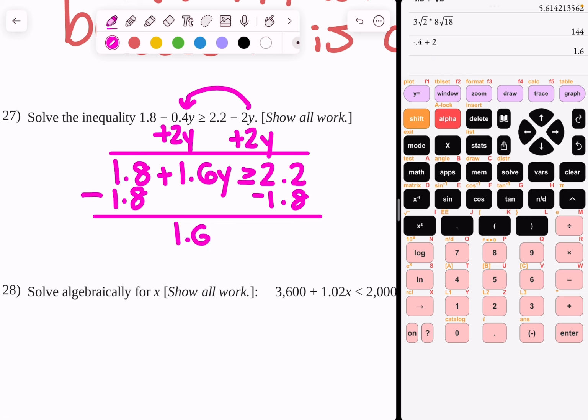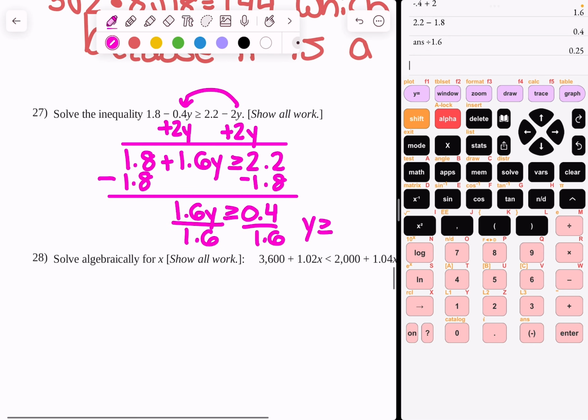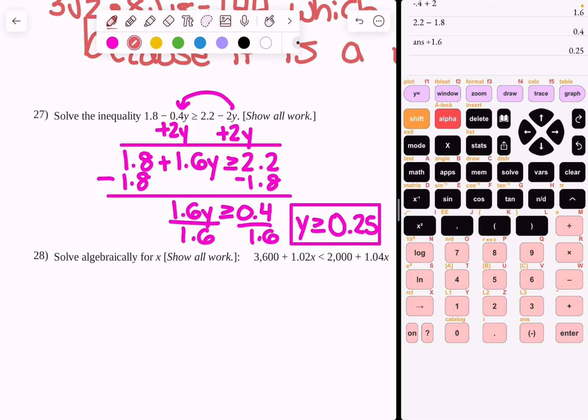I would get 1.6y is greater than or equal to 2.2 minus 1.8, which is 0.4. Divide by 1.6. I get 0.25. I do not need to flip my sign because I did not divide or multiply by a negative number.